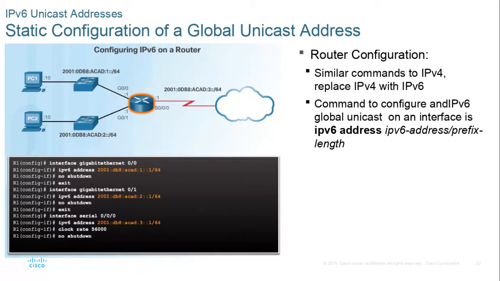So we can type ipv6 address, and there he has the 2001:DB8:ACAD, and he's used a double colon here to represent a bunch of zeros, so he doesn't have to type so many zeros. Feel free to type out all the zeros if you want to. If you want to type all the leading zeros and all the strings of zeros together, you can do it, but you're allowed to save typing and omit the leading zeros and omit the large strings of zeros once, to save typing and save space.